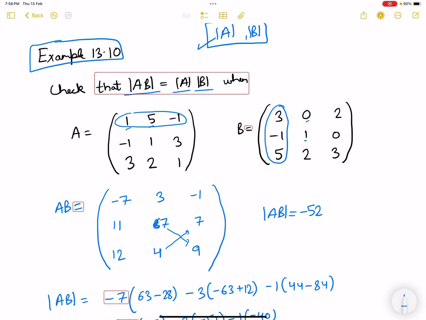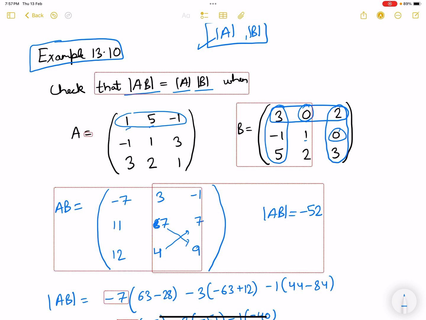To find the determinant of B, try to go through this row or this column, because one of the elements is 0, it would help in simplifying the calculation. Okay, so try to complete it by 7:59.